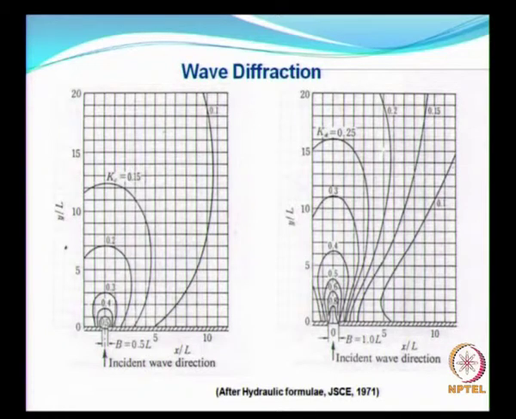On the right hand side you see a similar picture for the breakwater gap equal to the wavelength. So naturally if you keep increasing the gap, your disturbance inside the area is going to increase. This is where you need to carefully design the harbor layout.